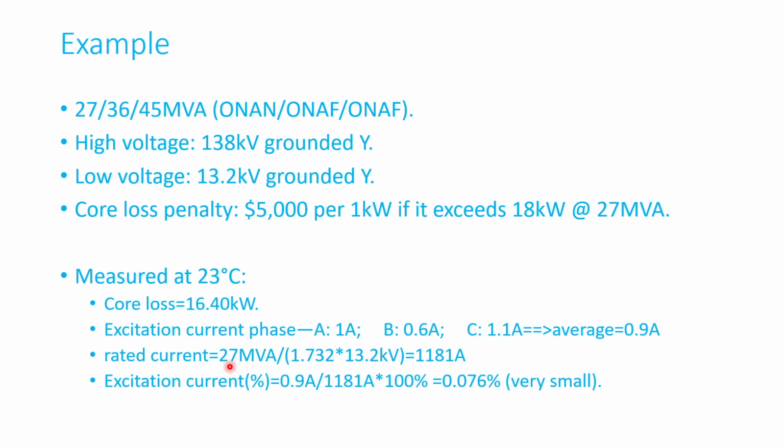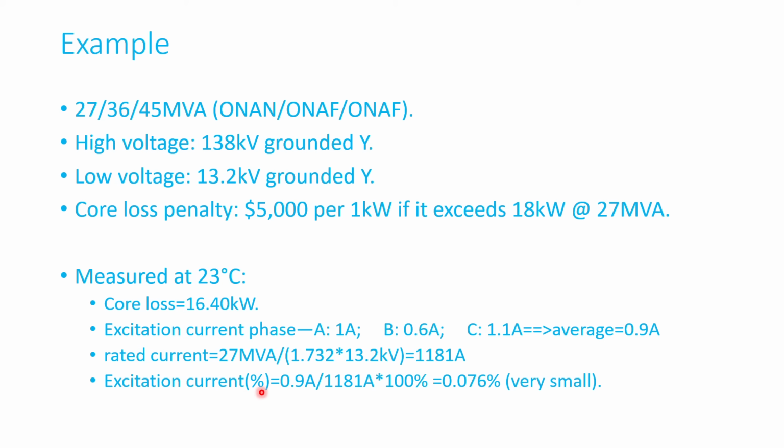Rated current: we take the base MVA, 27 MVA, at which the core losses are guaranteed, divided by square root of 3 times the line-to-line voltage of the excited winding, which is the low voltage winding. So it comes to 1181 amps.